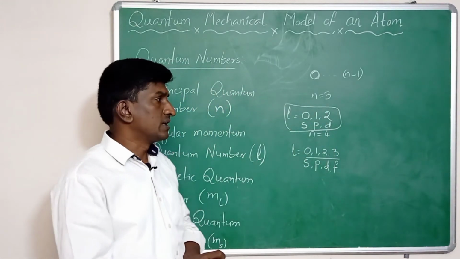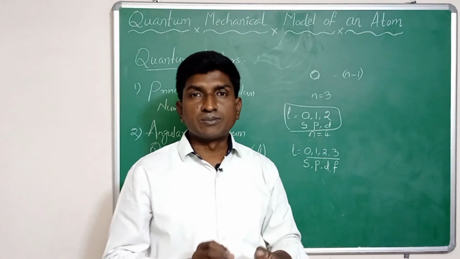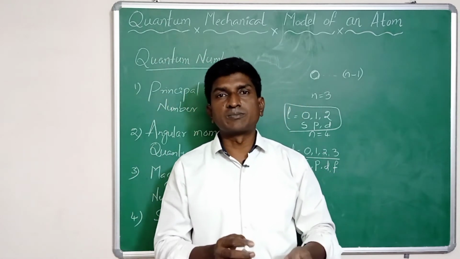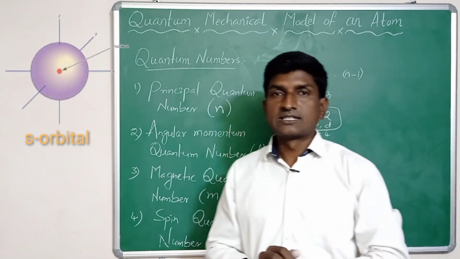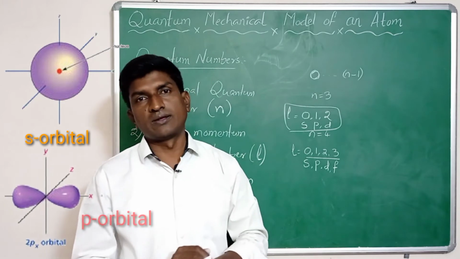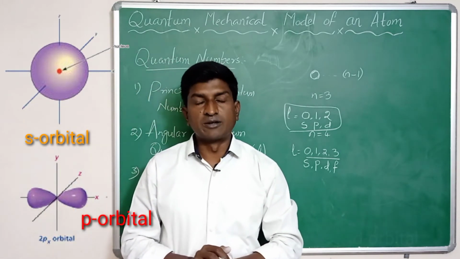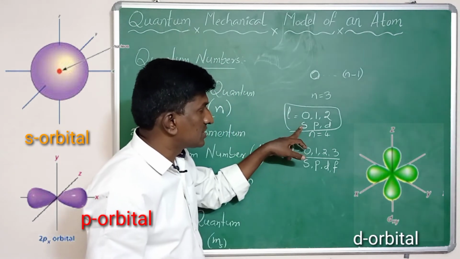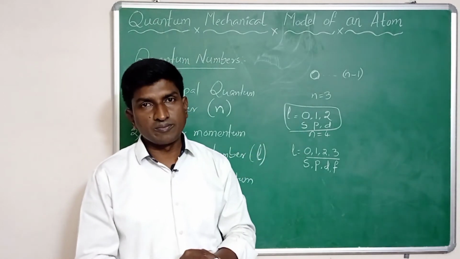So the angular momentum quantum number explains the subshells and their shapes. For example, the S orbital is spherical in shape, the P orbital is dumbbell shaped, and the D orbital is double dumbbell shaped.